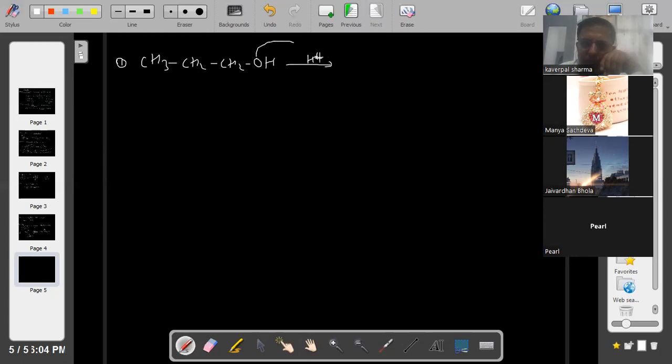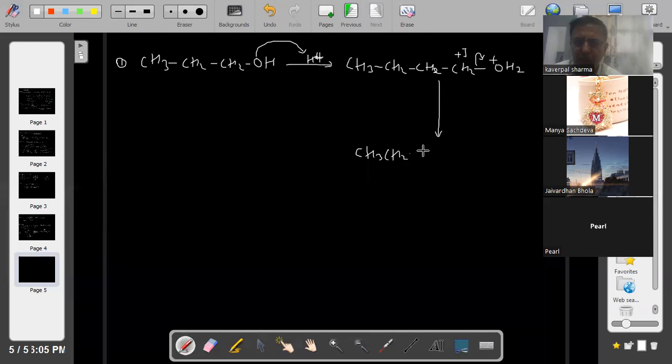This proton attacks here, giving CH3CH2CH2CH2OH2+. In short, again dehydration. It will gain electrons from this carbon chain due to the positive inductive effect. Then you will get CH3CH2CH2CH2+ and then H2O.